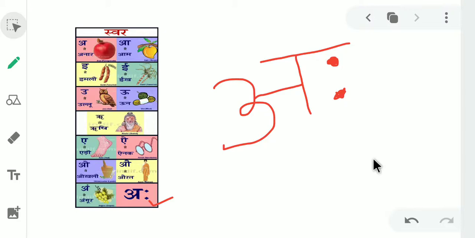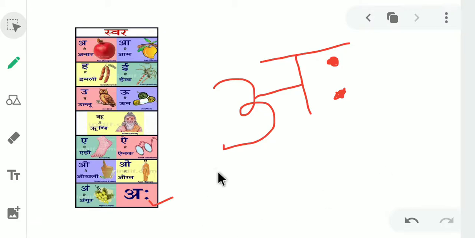I hope you understand the basic of Hindi language, or you can say that swar of Hindi language, or you can say that varnamala, vowels of Hindi language. So please watch it again and again, and please do practice how to write these terms. I hope you all are fine.